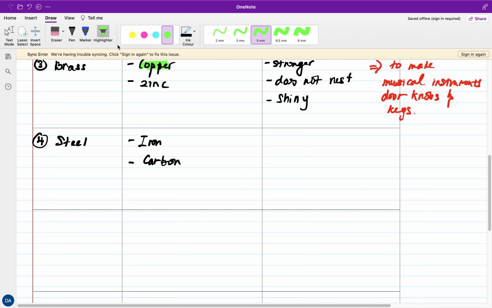So remember, iron is the main component. The one which is added to it will be the carbon. It's also sometimes known as carbon steel. From the name itself, you can derive the components of the steel.